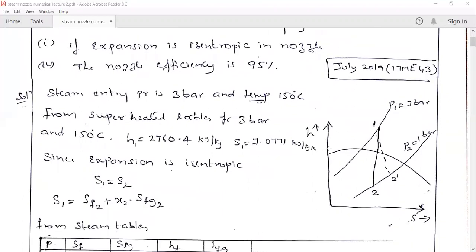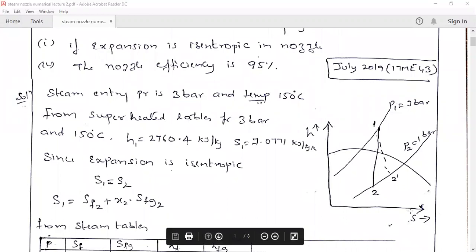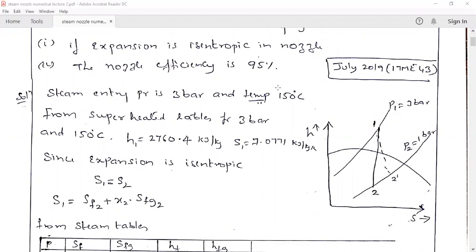Okay. See now, let us see this HS diagram where it says the pressure entering the nozzle is 3 bar and 150 degrees centigrade. So go to this 3 bar pressure where it cuts the temperature of 150 degrees, and mark the point as 1.